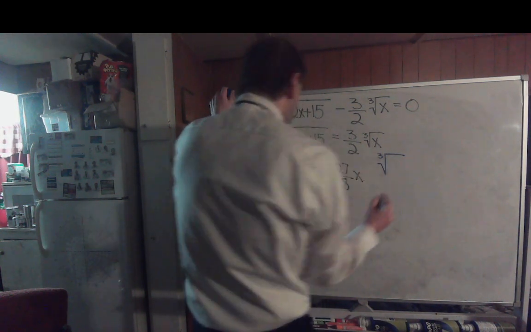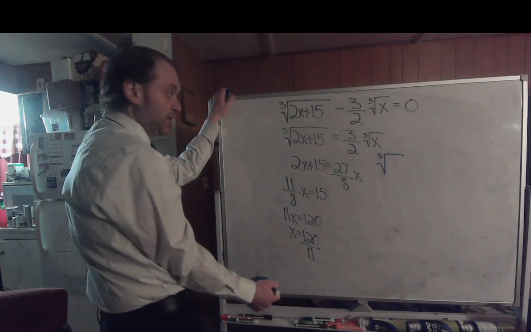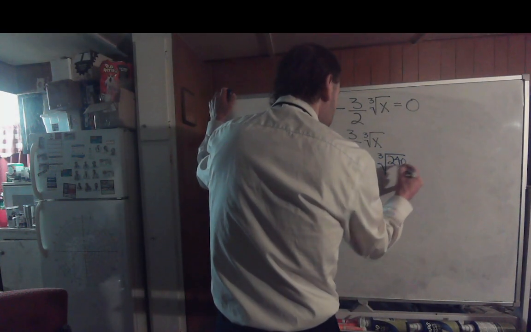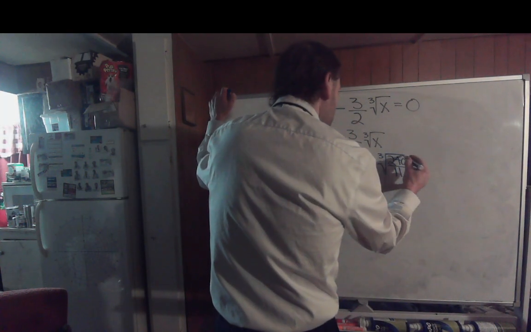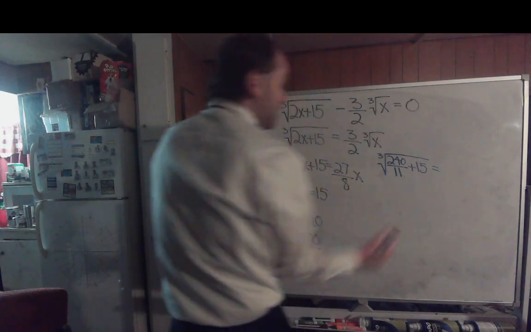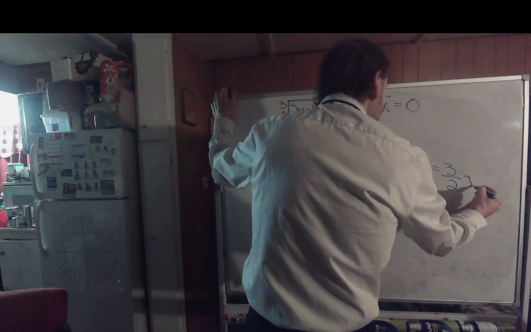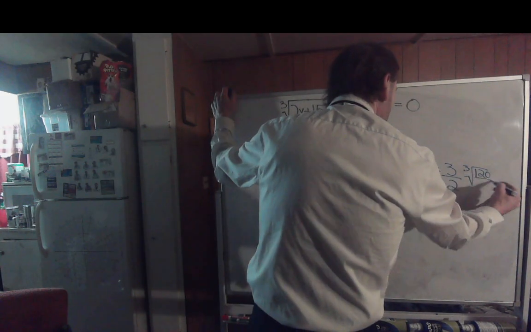You'll get the cube root of 2 times 120 over 11, which is actually 240 over 11, plus 15, equal to 3 halves times the cube root of 120 over 11.